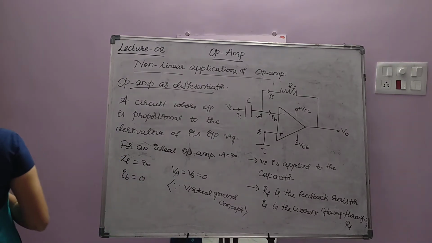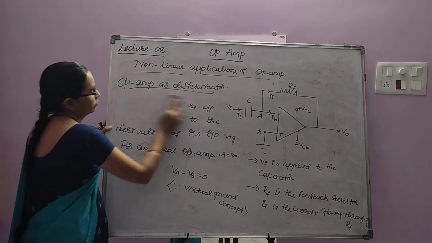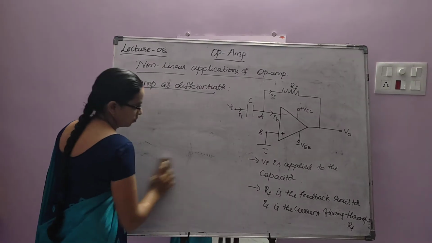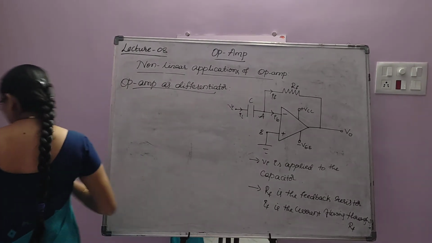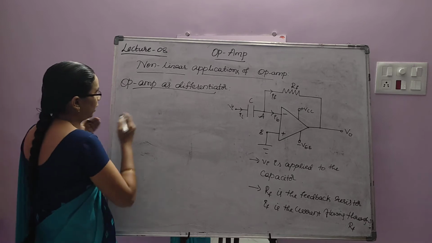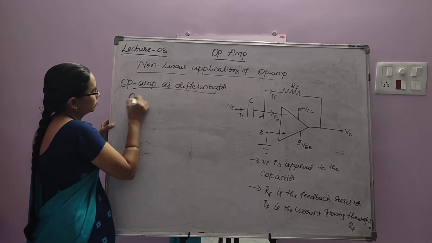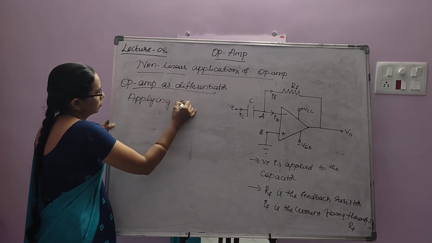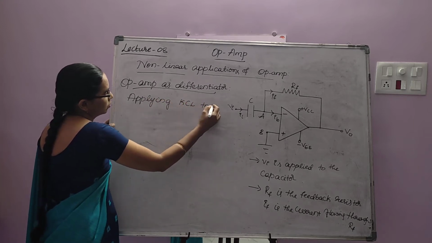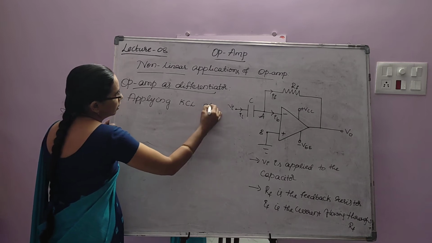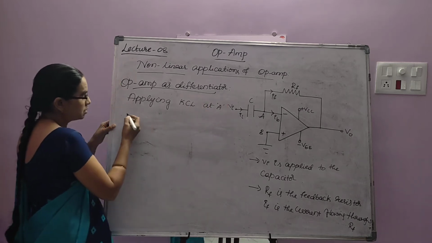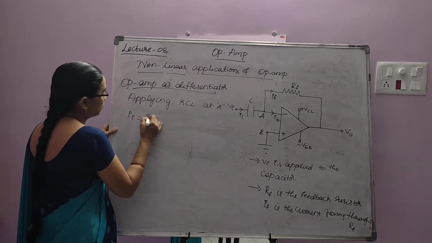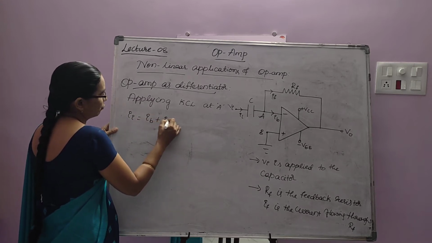By applying KCL at node A, II is equal to IB plus IF.